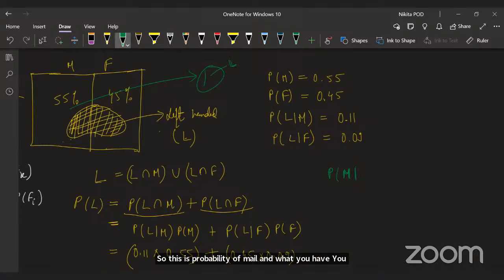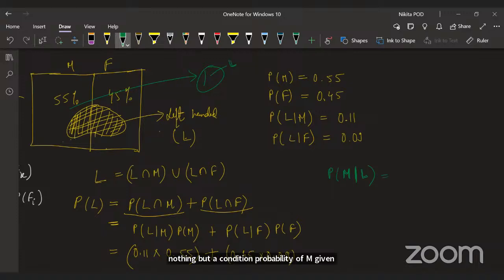This information is given to you. So this is nothing but a conditional probability setting: probability of M given L, right?